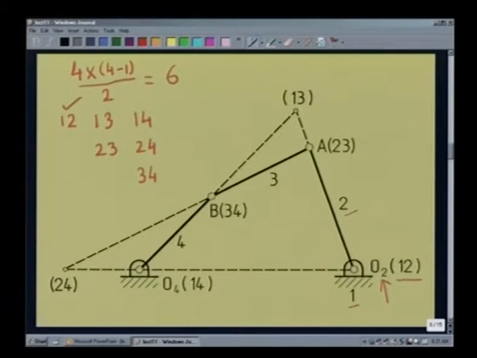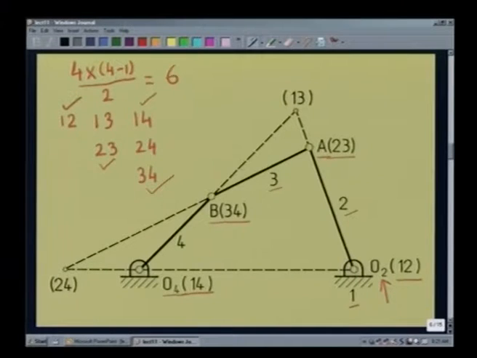Similarly, 2 3 is at A, because links 2 and 3 are connected by a revolute pair at A. So, A gives us the location of 2 3. Following the same argument, we get 3 4 at B and 1 4 at O4. So, out of the total 6 relative instantaneous centers, 4 of these are located just by inspection.